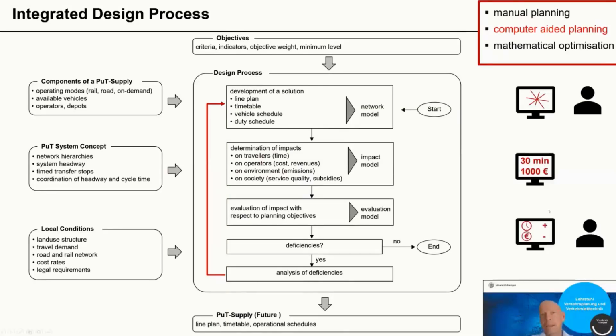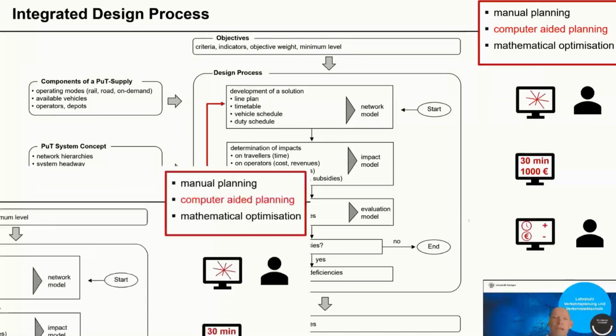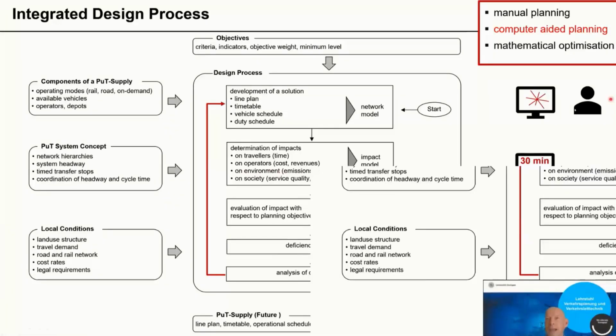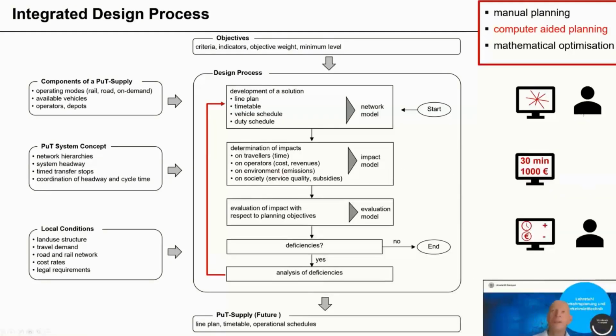Then we look at the results and we analyze the results. So we look at the computer results. It's no direct feedback, because you first try to identify deficiencies and then you go back and modify it. So the idea is the planner is the creative person, and the planner is supported by a computer model.